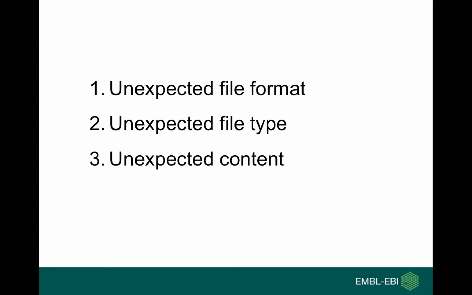This issue first came to our attention when a submitter tried to upload a 150 megabyte FASTA file. The server ran out of memory trying to parse it. And unexpected content. The spreadsheets were the submitter's own spreadsheets and not based on our templates.